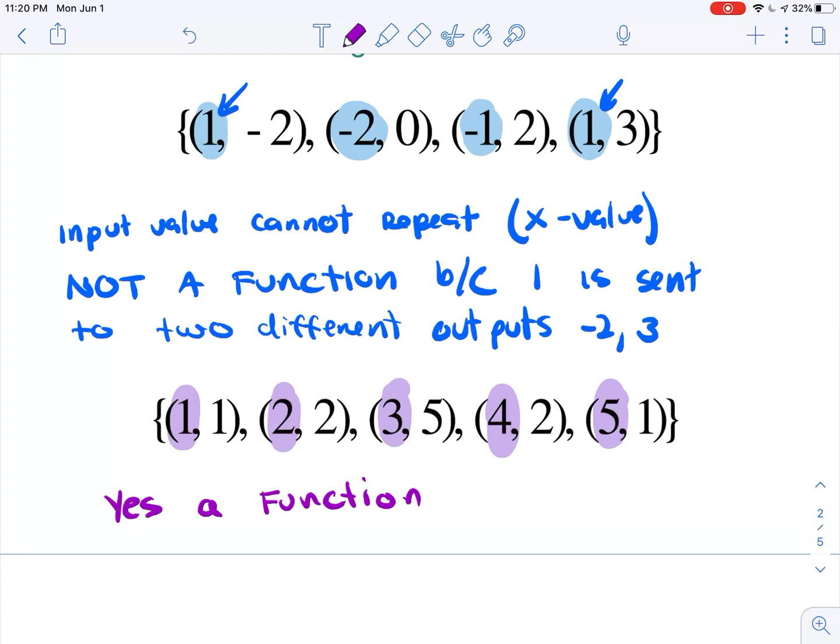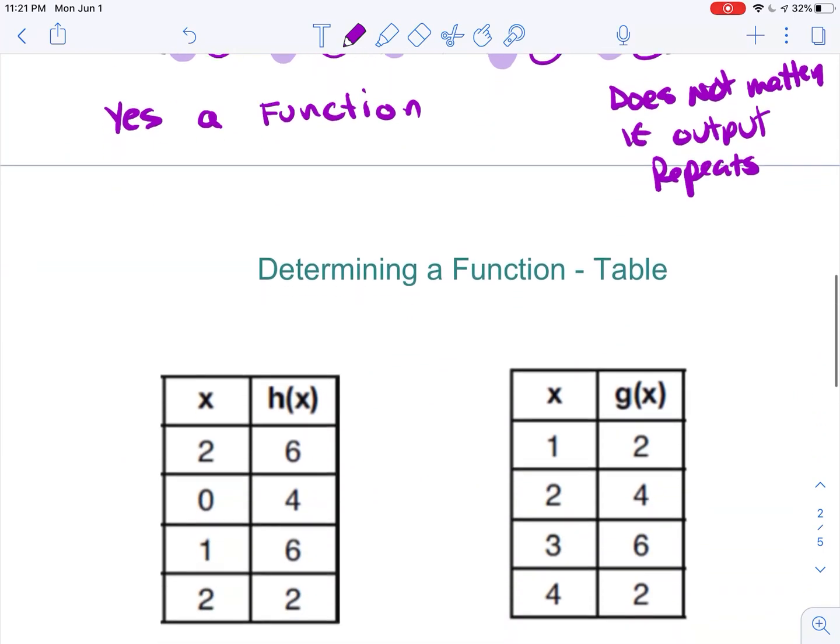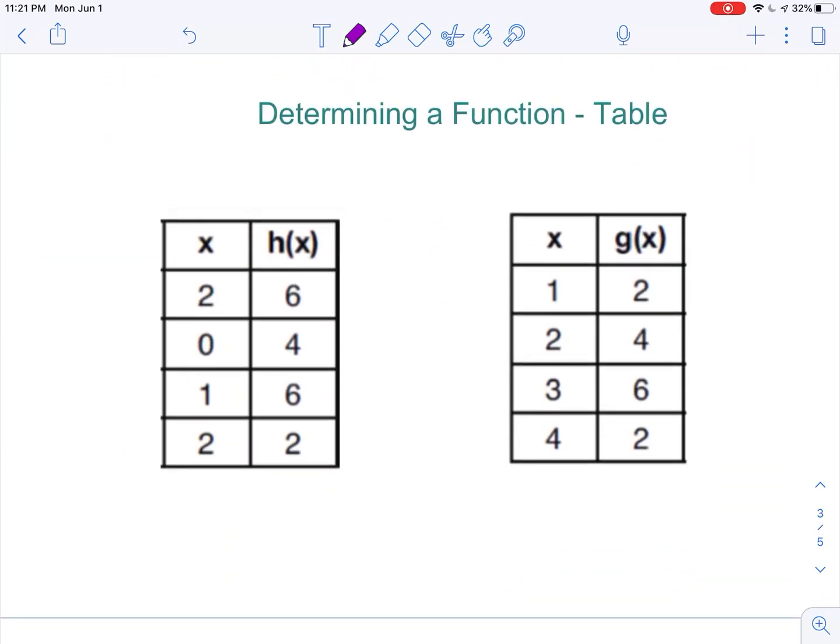Now, one thing you need to remember: it does not matter if the y value repeats. The y value can repeat as many times as it wants to, as long as the x value does not repeat. So that one is considered a function.